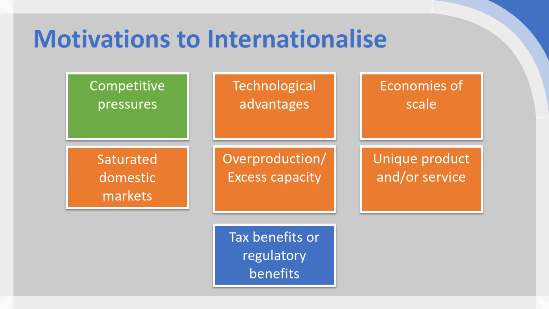If you're an international business, operating across multiple markets, you are going to be in a much stronger position because of economies of scale, technological advantages, location advantages. All of these things are going to put you in a strong position. So now your domestic competitors also have pressure on them to internationalize as well, so they can compete against you effectively. So this is a reactive motivation, but it's a very strong one nonetheless.